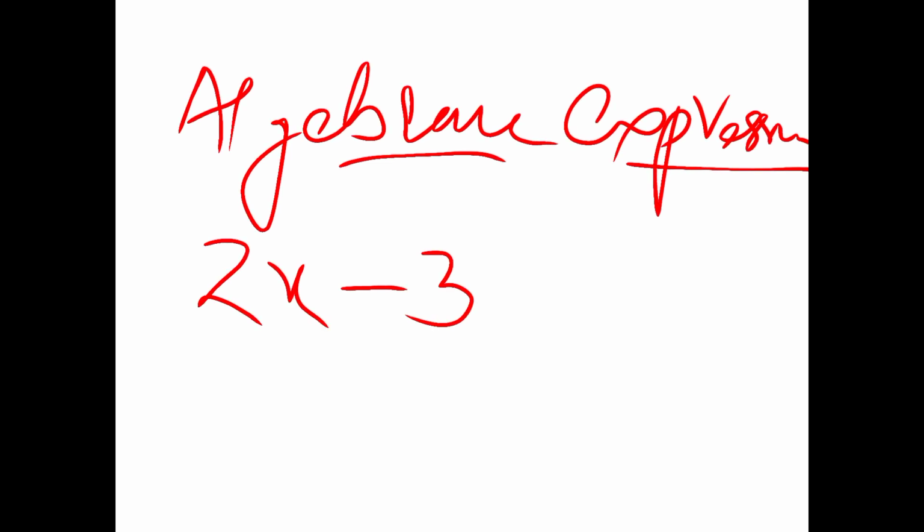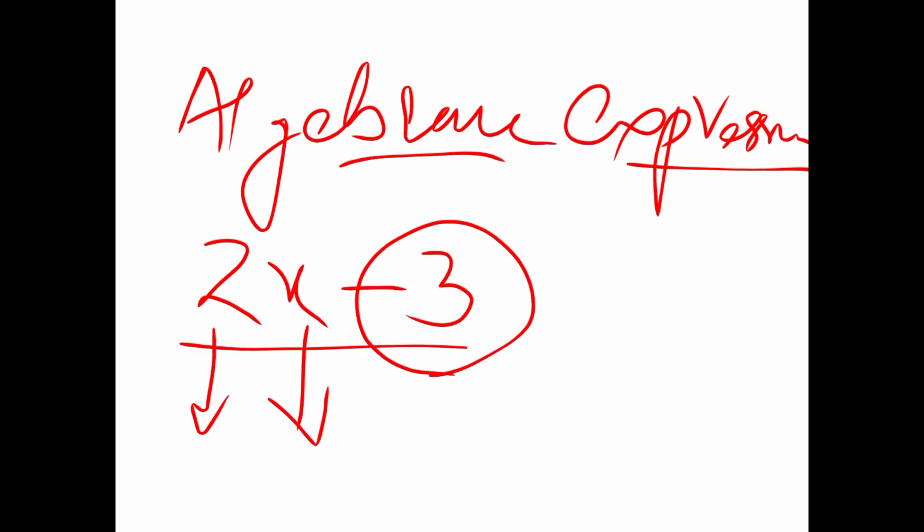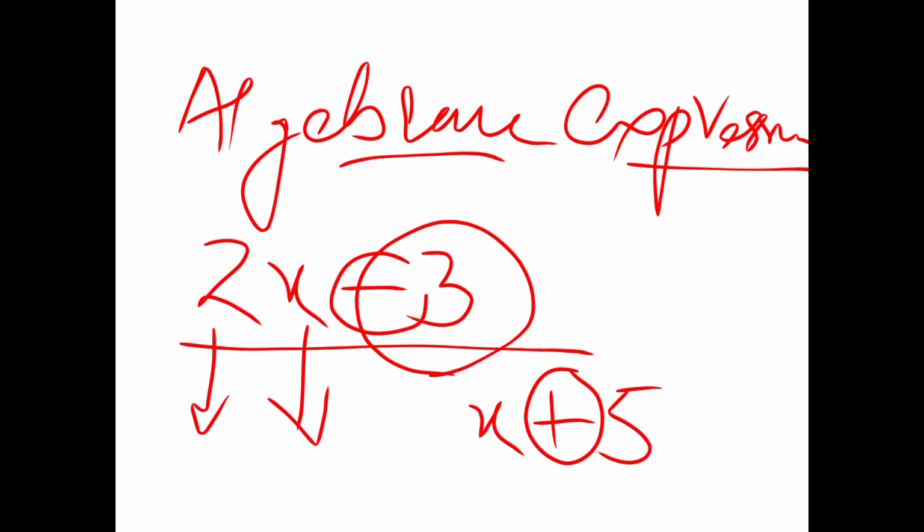This is an algebraic expression. See, this is integer, this is variable, and this is again integer. So this is an algebraic expression, right? Similarly, x plus 5, this is also an algebraic expression because it is made up of mathematical operations like plus, like minus, variable x.